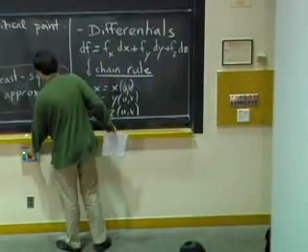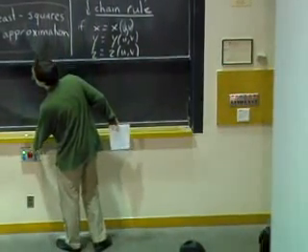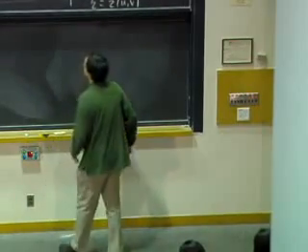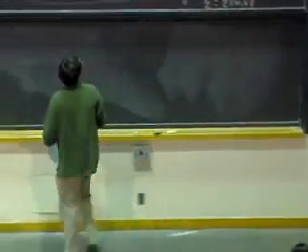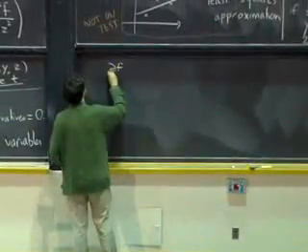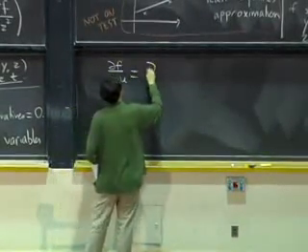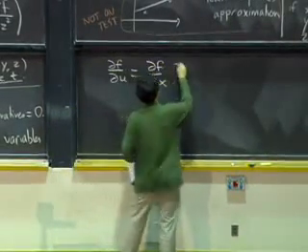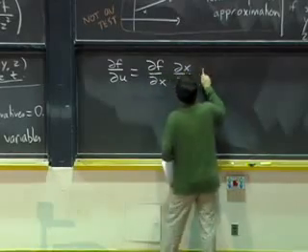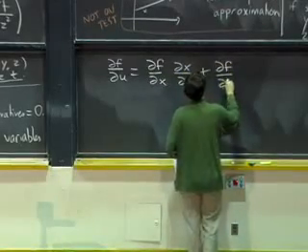And then we can ask ourselves, how sensitive is f to the value of u? And, well, we can answer that. So the chain rule is something like this. And let me explain to you again where this comes from.